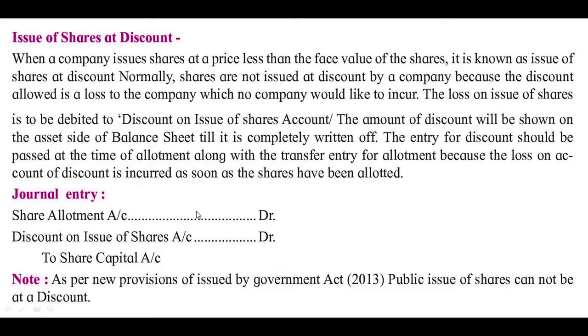Share allotment account debit, discount on issue of shares account debit, to share capital account. Here you can see that the entry is specially about the share allotment account, because normally the discount entry is passed along with the allotment, and since discount is a loss for the business, as per the rule of nominal account, debit expenses and losses, therefore discount on issue of shares is debited in this journal entry.